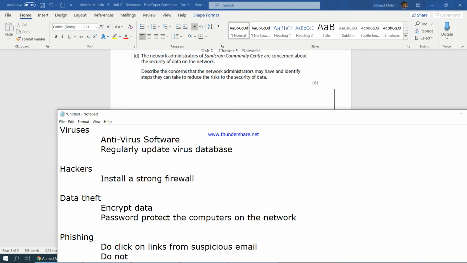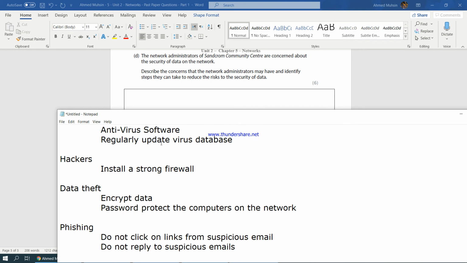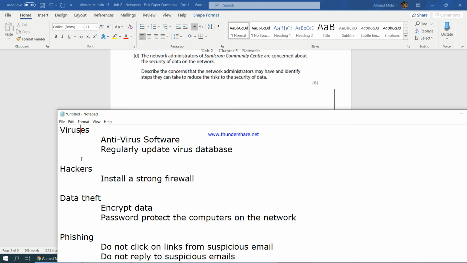Do not reply to suspicious emails. So they're giving you 6 marks. I'm going to go with 3 points: viruses, hackers, data theft.